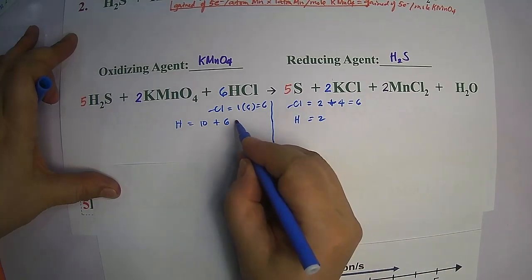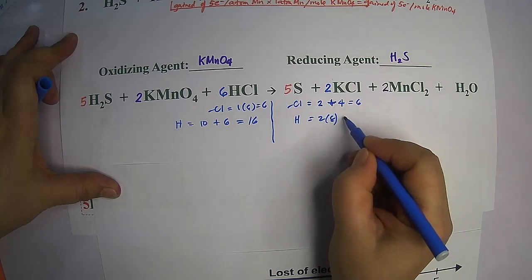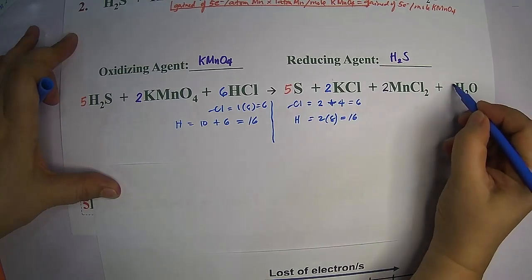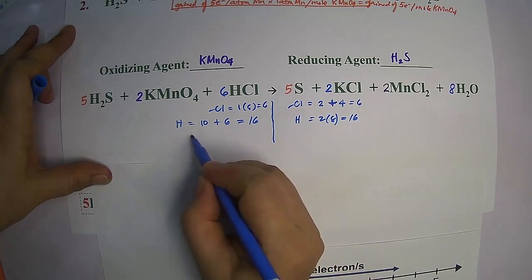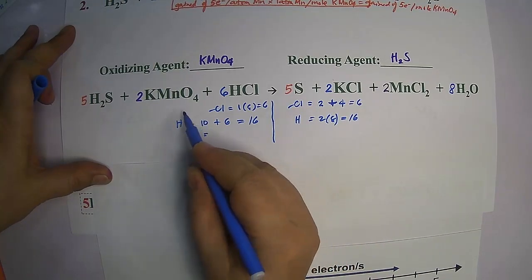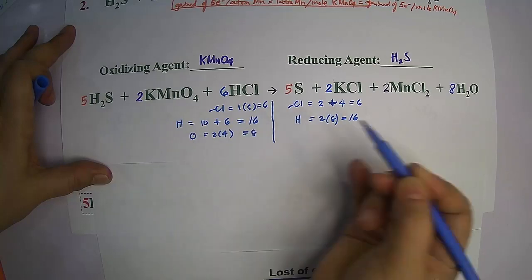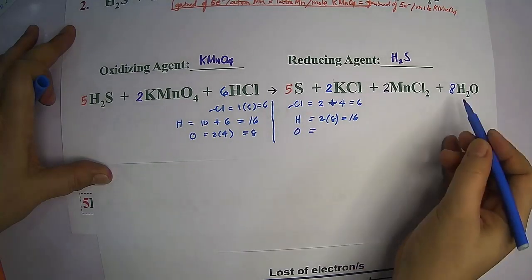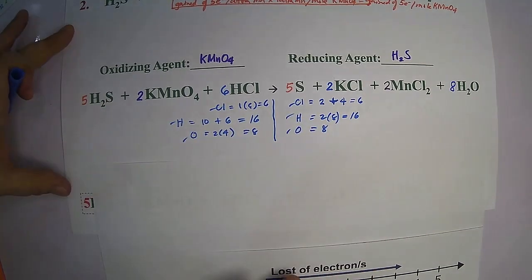So we have a total of 16 here. So we multiply this by 8 to make it 16. So we write it at the start of the molecule. Then next we balance oxygen. We have 2 times 4, that gives you 8. And oxygen on this side is 8. So balanced, balanced, balanced. Okay.